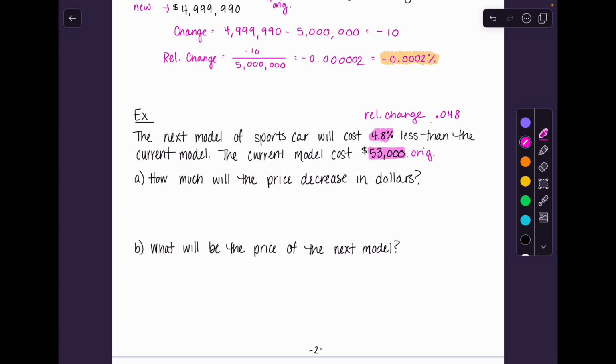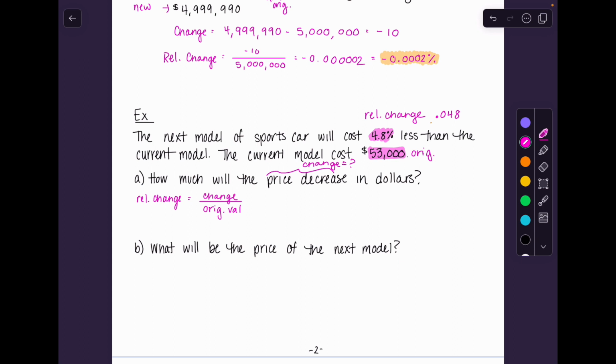And if I'm looking for the price decrease, all this is asking me for is what is the car going to change by, okay? So I've got my original value, I'm searching for the change, and I have my relative change or my percentage decrease. So utilizing my formula, remember the relative change is equal to the change divided by our original value.